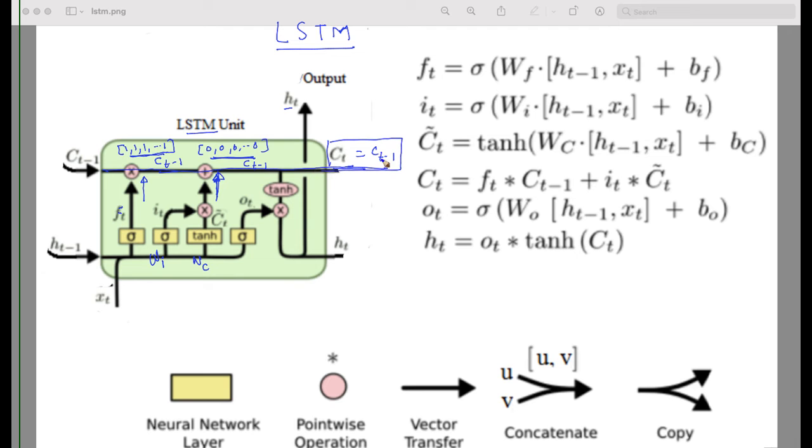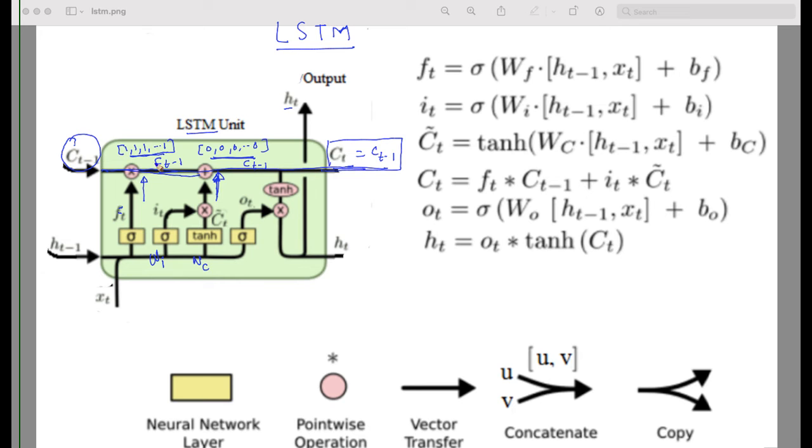That means the current cell state is equivalent to the previous cell state. This is important: we are short circuiting this, transmitting CT minus 1 as it is to CT, so the previous cell state becomes the current cell state.